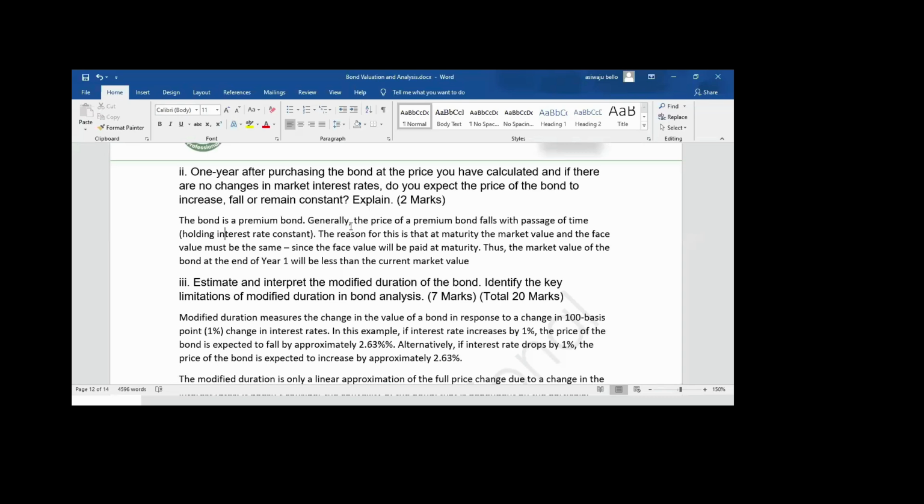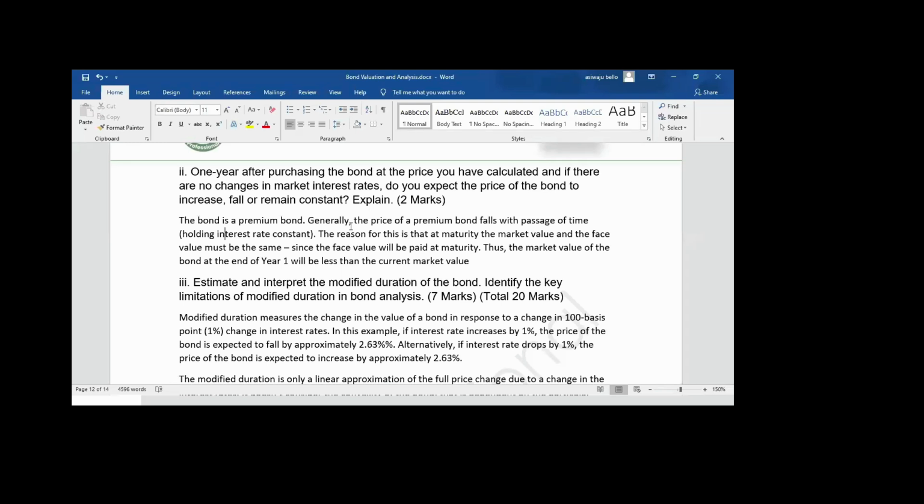So the market value of the bond will continue to fall. Thus, the market value of the bond at the end of year 1 will be less than the current market value now. Currently, the value is 1,059. At the end of year 1, we expect the value to fall. At the end of year 2, the value will still fall. At the end of year 3, the value will become face value, 1,000.